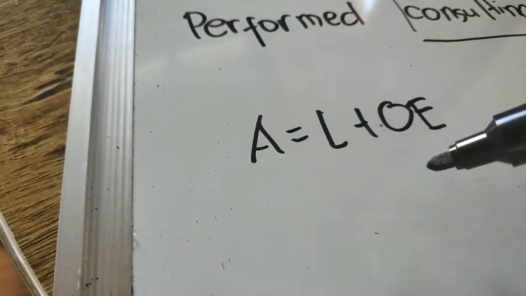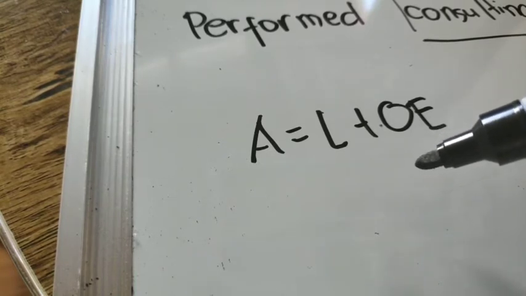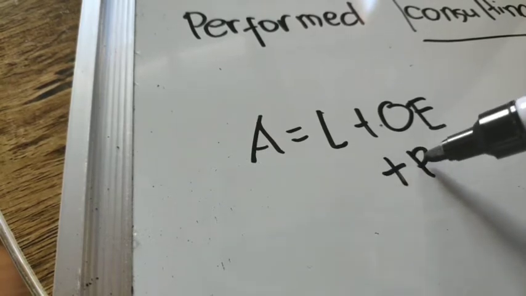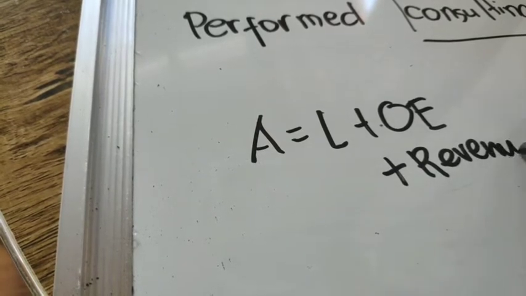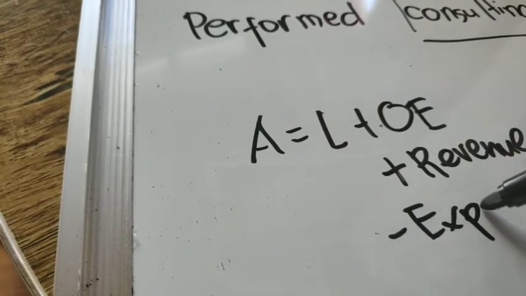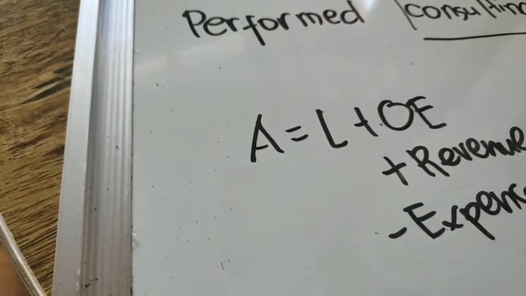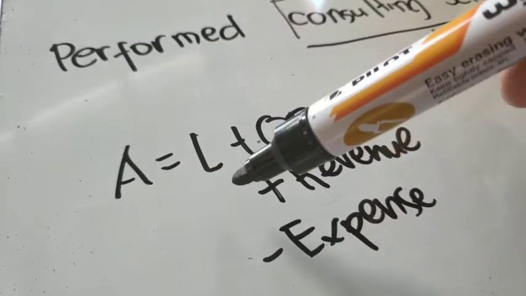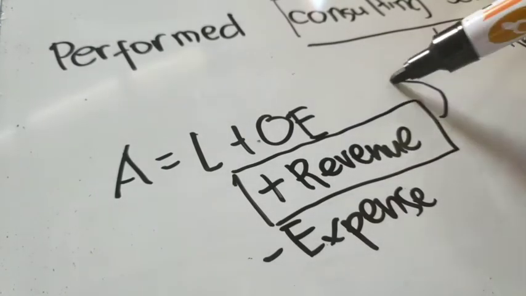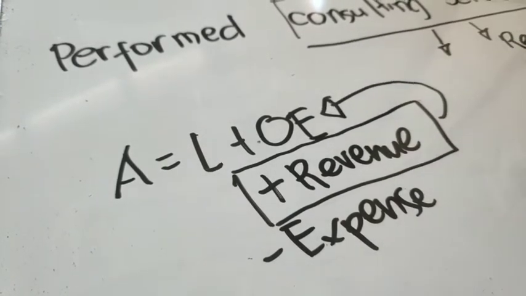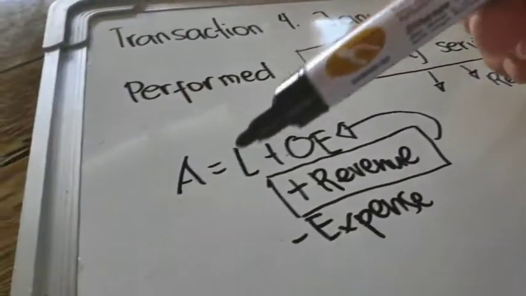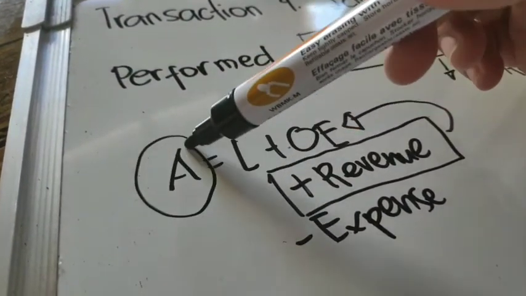In this problem, we will use the expanded accounting equation, which contains the revenue and the expense. The revenue is directly related to your owner's equity, and the cash is an account title for the asset.